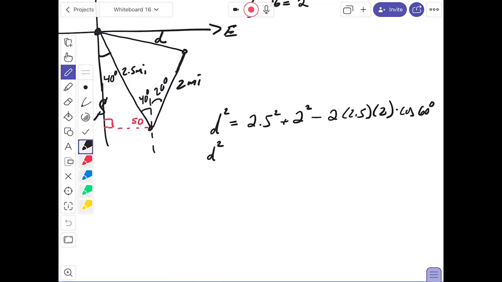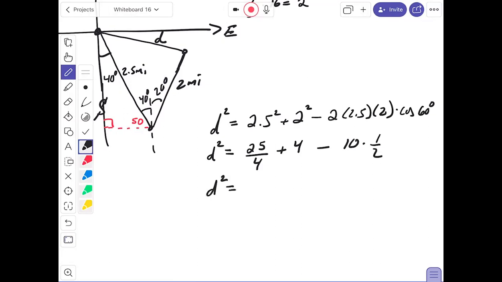Let's write this down. d squared: 2.5 squared would be 5 halves, which is 25 quarters. Again, 2.5 is 5 over 2. Square that, 25 quarters, plus 4, minus 10. What's cosine of 60? A half.